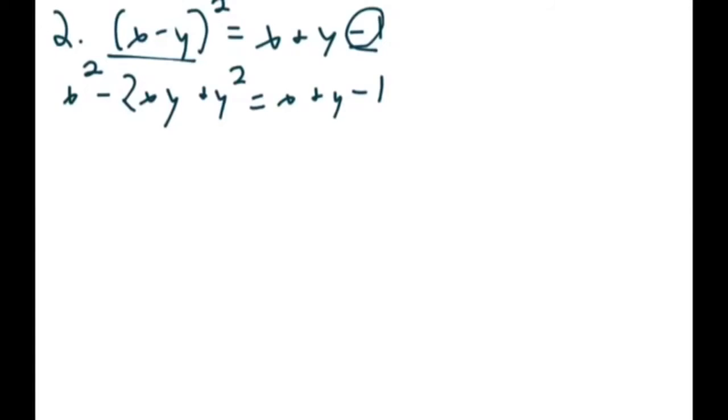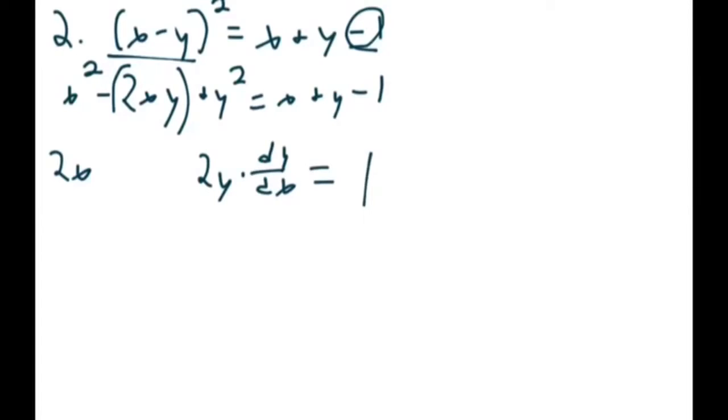And then what we're going to do after that is we're going to need to do the product rule. We're going to take the derivative of both sides, and for the 2xy, that's going to require the product rule. We'll do that when we get there. So the derivative of x squared is going to be 2x, and then the derivative of y squared is going to be 2y times dy over dx.